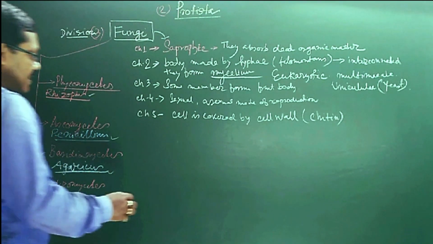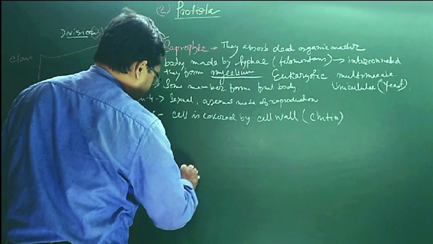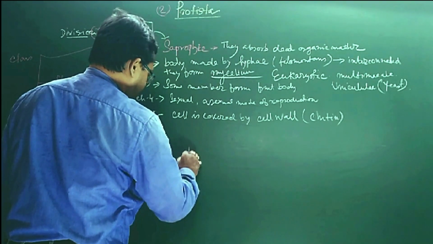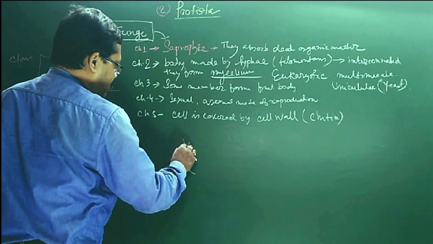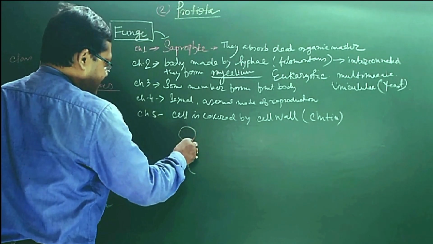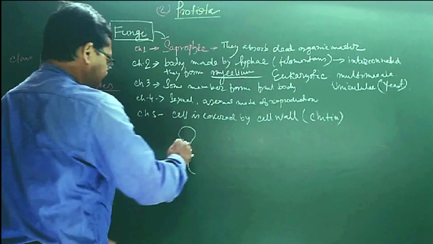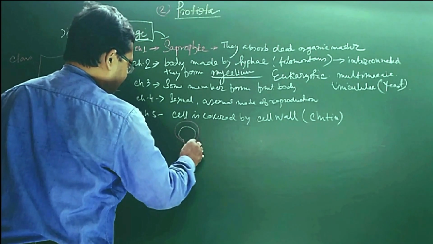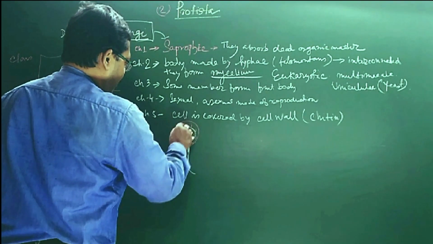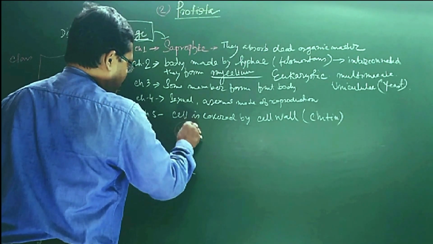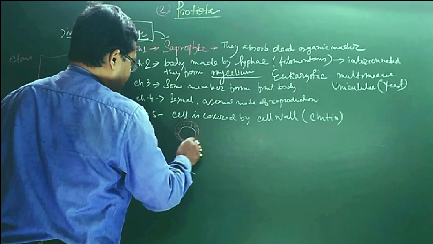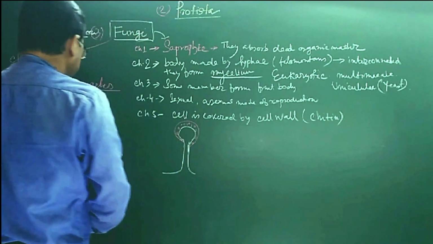That is the Rhizopus. When we see the fruit body of the Rhizopus, the hypha grows upward, forming a ball-like structure, and on the surface of the ball-like structure it contains many spores. This is the characteristic of Rhizopus.